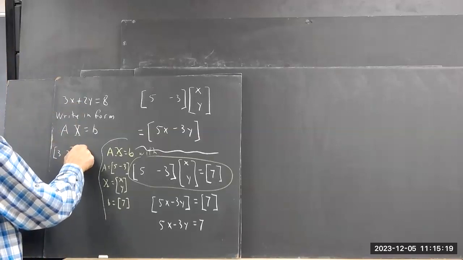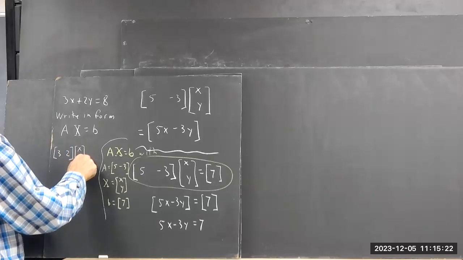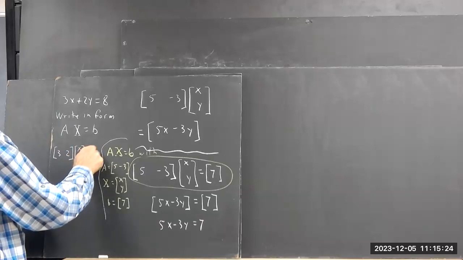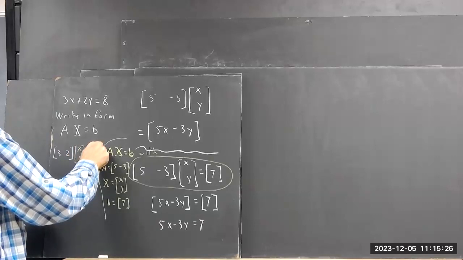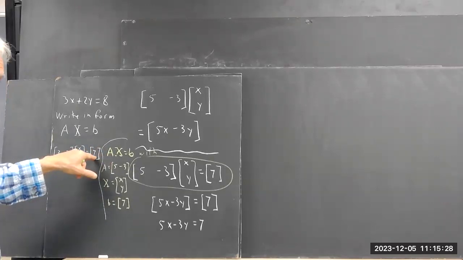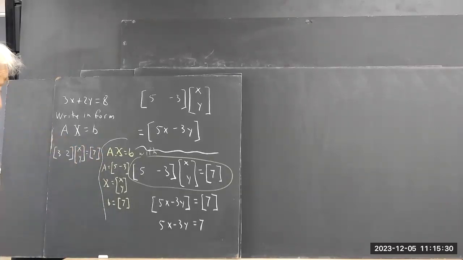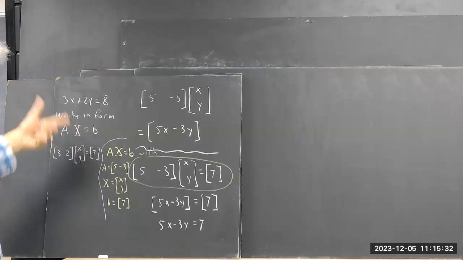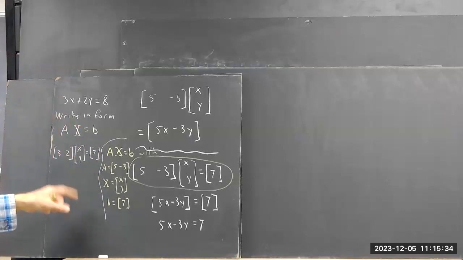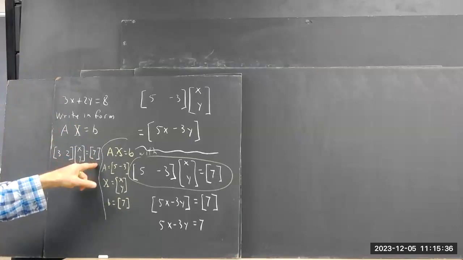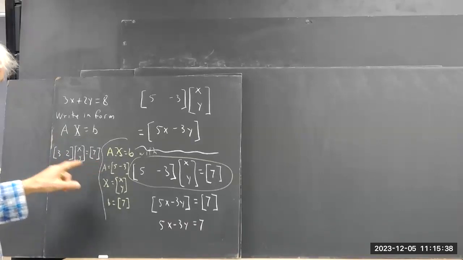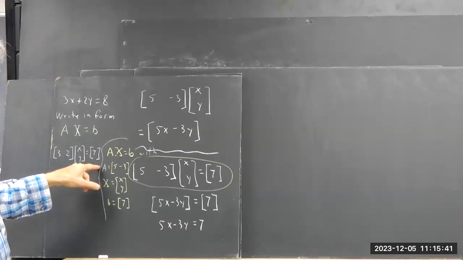The fancy X thing is just X, Y. And B is just the matrix with 1 entry, 7. You might wonder why I don't write this just with a 7. Well, because a matrix times a matrix has to give you a matrix. So officially, all 3 of these things have to be matrices.